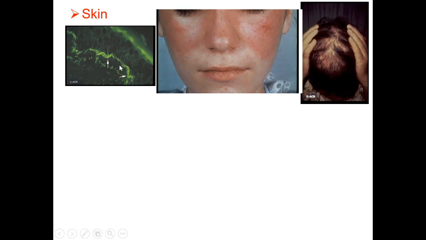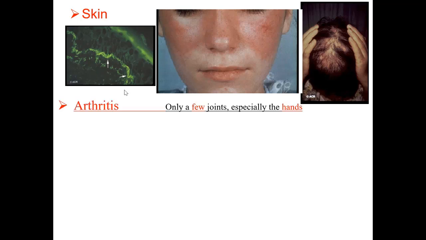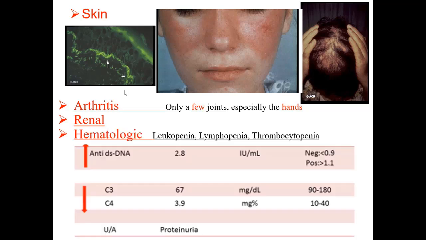This is an immunofluorescence test, and in this test you can see the deposition here of immune complexes on the epithelial cells of the skin. And these patients have different clinical manifestations, as you see here.